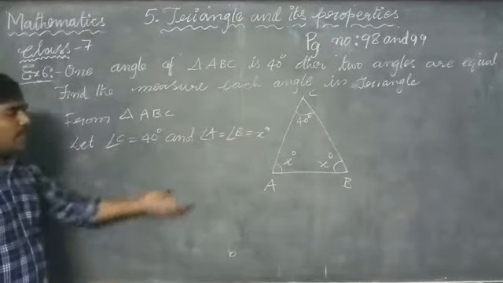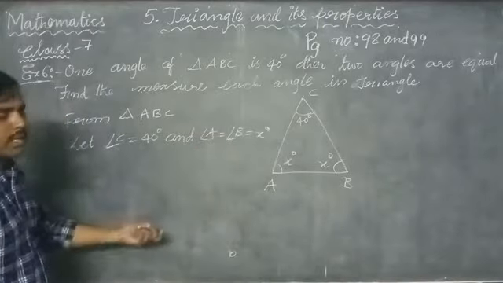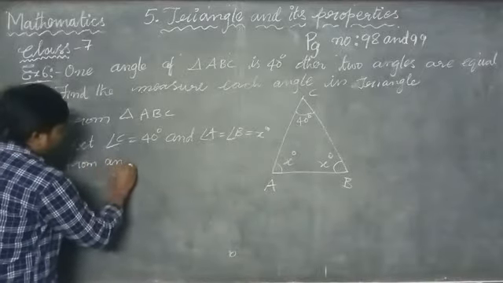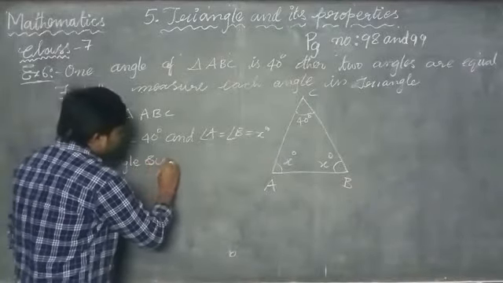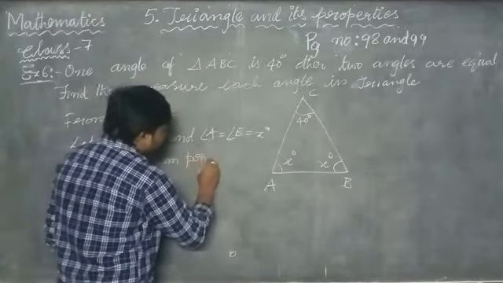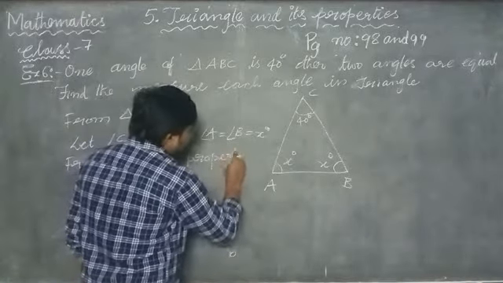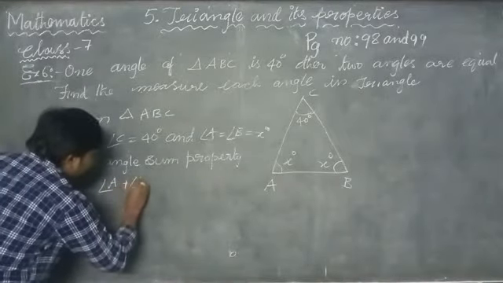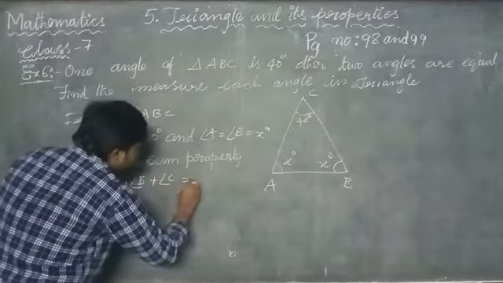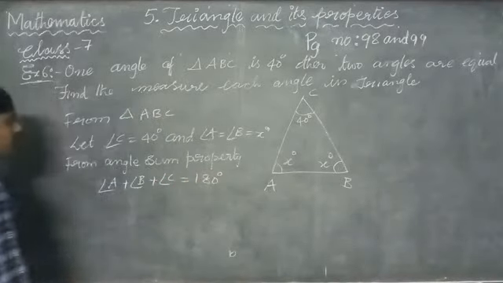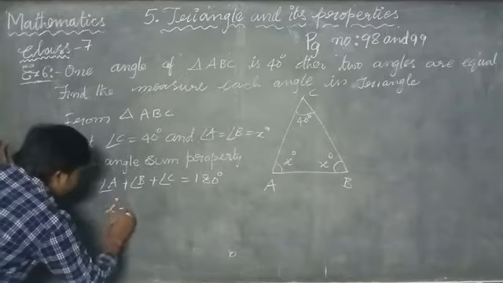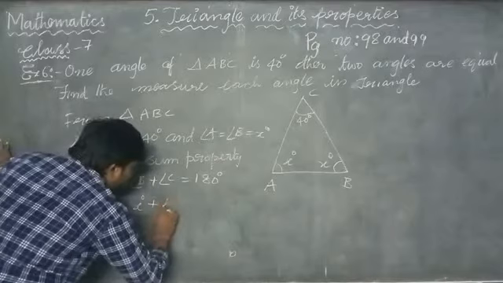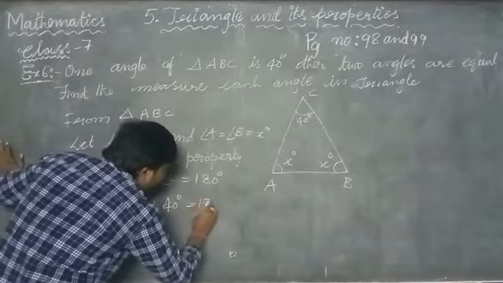Now we have to find all three angles in the triangle. From the angle sum property of a triangle, we can write the sum of all angles in a triangle equals 180 degrees. Then angle A equals x degrees, angle B equals x degrees, angle C equals 40 degrees, and the sum equals 180 degrees.